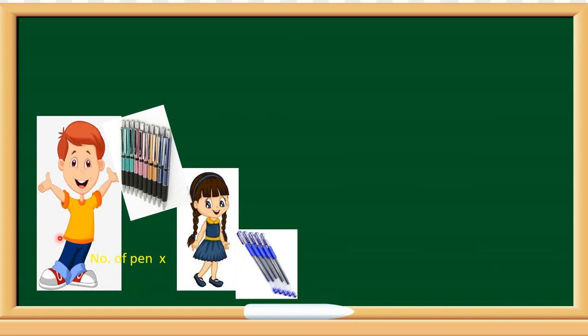You and your younger sister. You tell her that you have a number of pens, but you are not saying the exact number of pens. Instead of the exact number of pens, you say the number of pens I have is X. Okay?